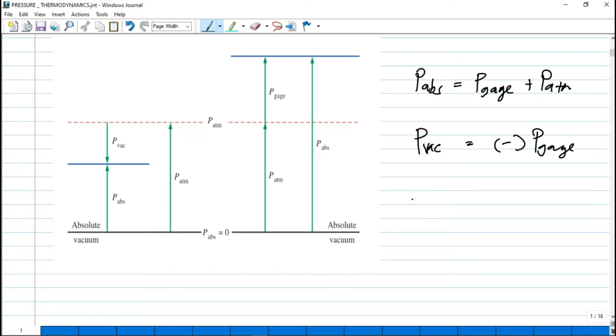We all know that gauge pressure is equal to absolute pressure minus atmospheric pressure. So of course, if atmospheric is greater than absolute, it becomes negative. Instead, we are going to call it a vacuum pressure. That's how it works in terms of the definition of pressure.